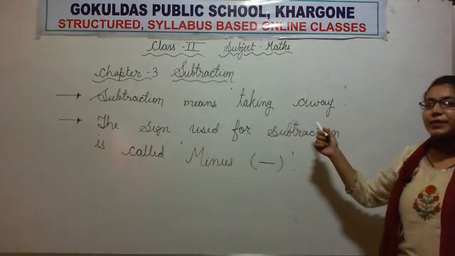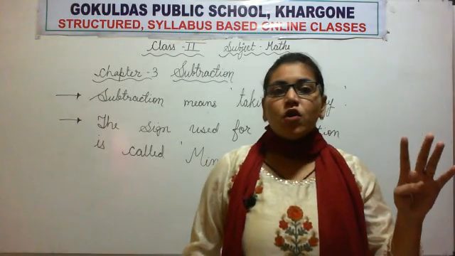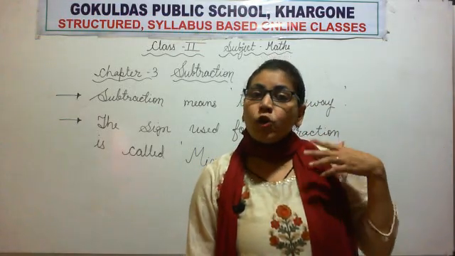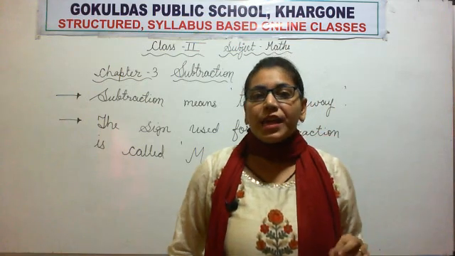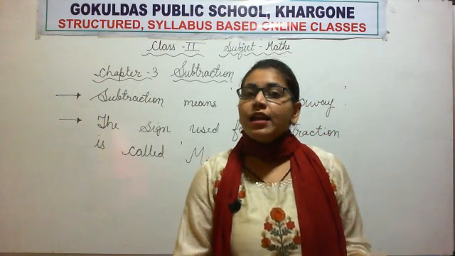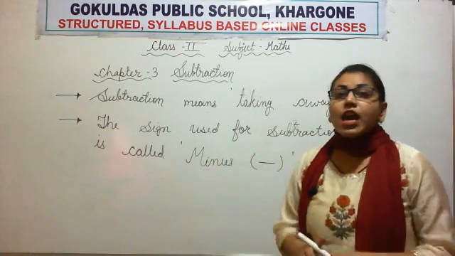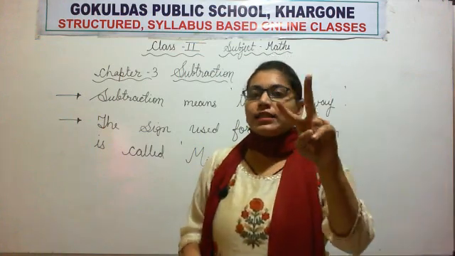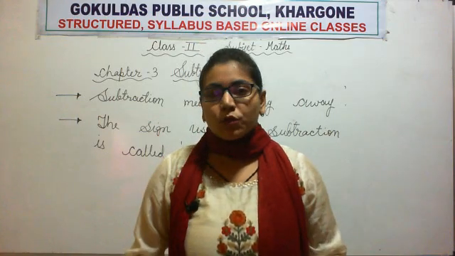So subtraction means taking away. I was having 4 books. My friend has taken away 2 books from me. So what happened here? 2 books are subtracted from 4 books. You had 2 pencils. One of your friend borrowed 1 pencil from you.